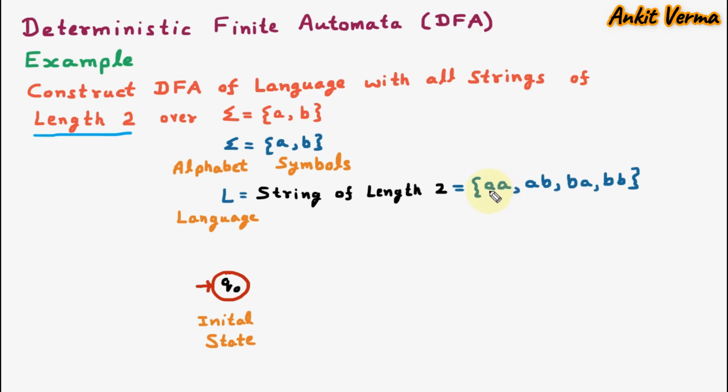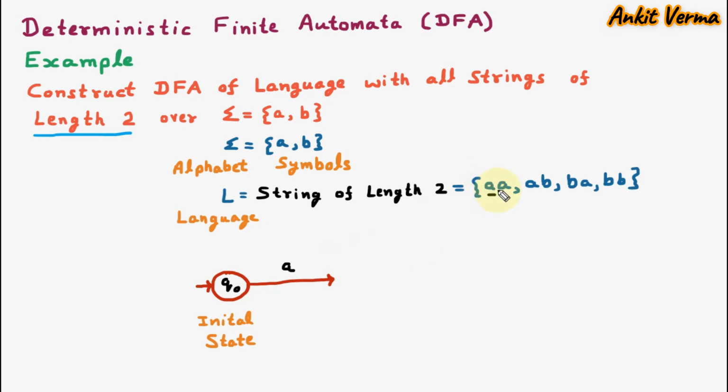Let's say I am taking AA. We know that the DFA changes its state for every input. Starting with Q0, the first input is A, and for that input the DFA goes to the next state.